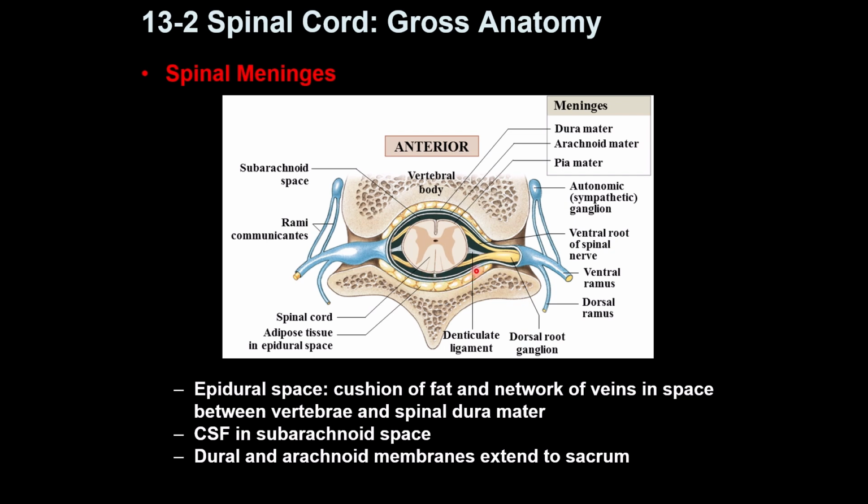The third meninges is this one, called dura mater, the more superficial one. This is also the thickest one, and there is a space between the dura and the arachnoid, called the subdural space. And there is another one that is more superficial to the dura mater, and that is the epidural space.